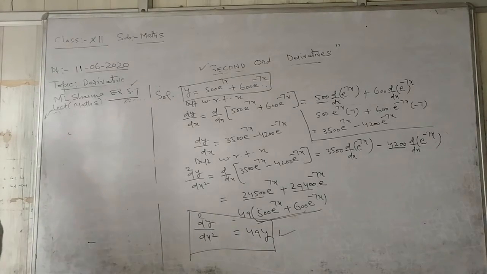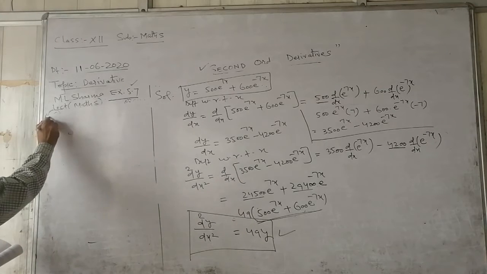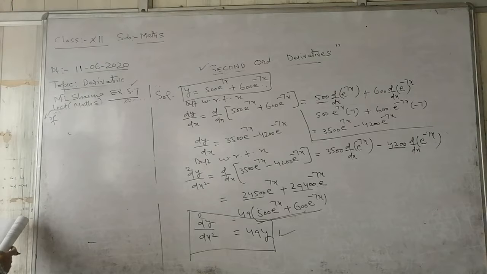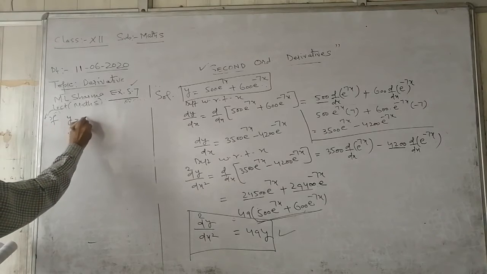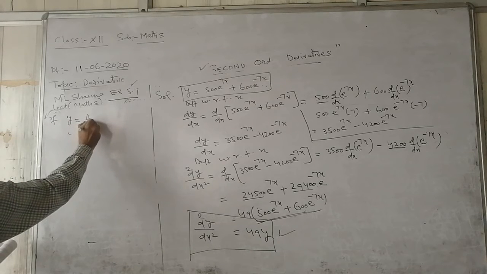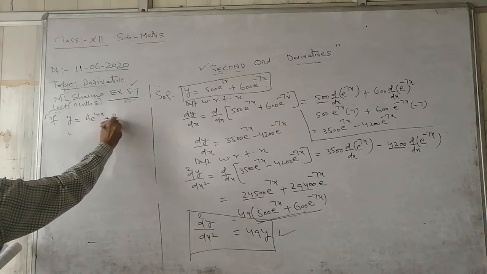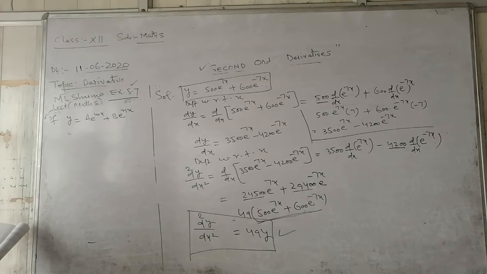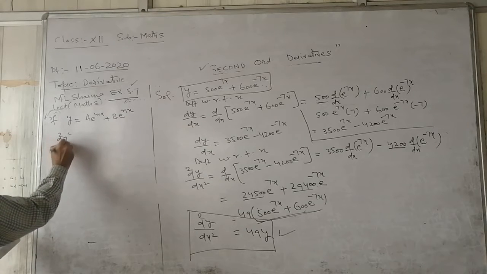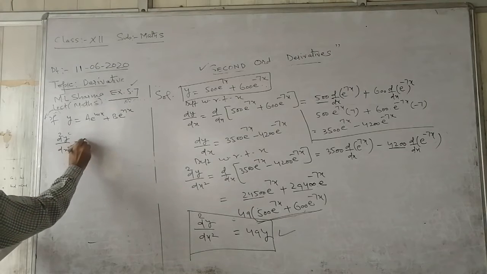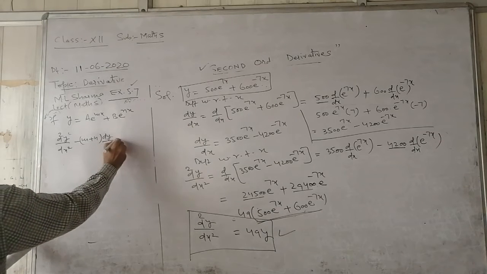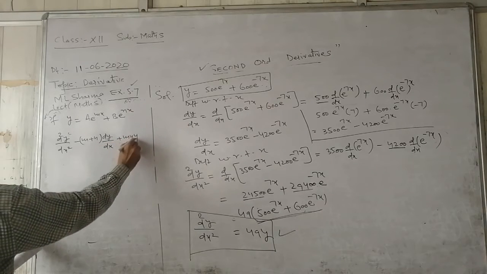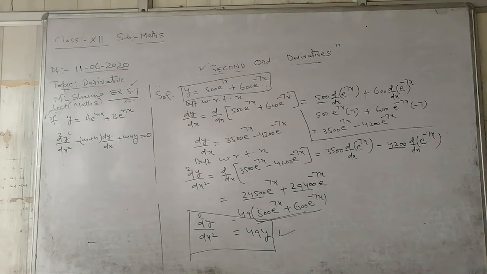Question says, if y equals a e raised to power mx plus b e raised to power nx, and you have to show d2y dx2 minus m plus n into dy upon dx plus mn into y is equal to 0. This result we have to prove.